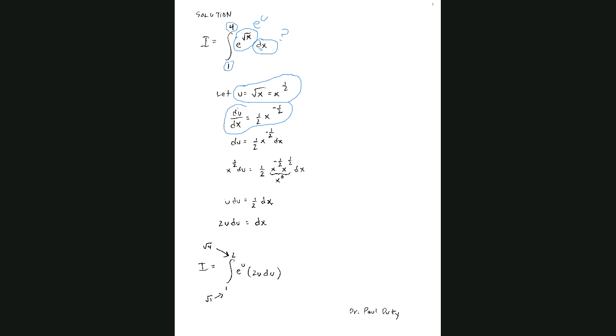If du/dx is 1/2 times x to the negative 1/2 power, then du is 1/2 times x to the negative 1/2 power dx. Now we have to get dx alone.